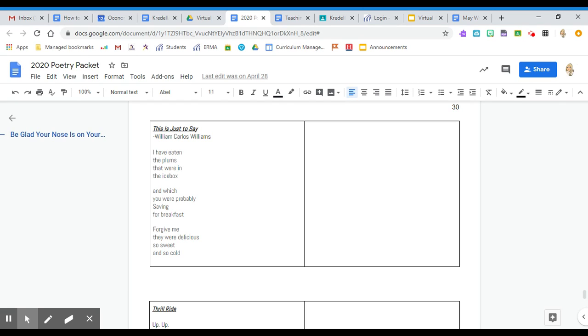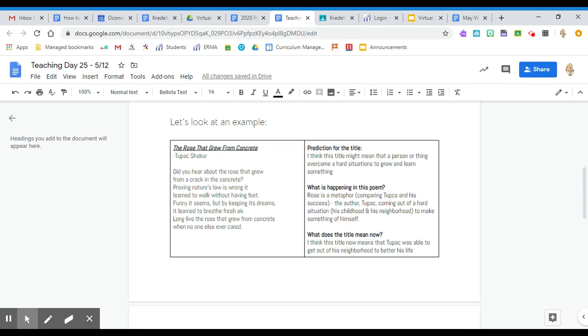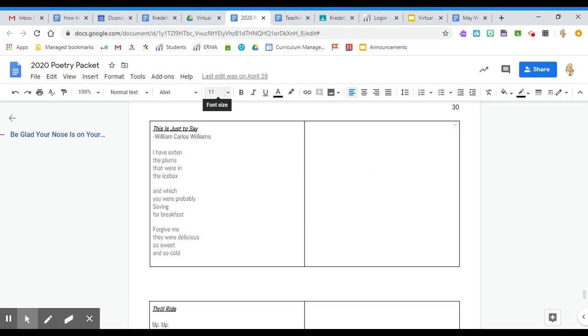Another just quick note that I wanted to point out: if you're doing a poem that has stanzas, like this is "Just to Say" by William Carlos Williams, sometimes it helps to analyze stanza by stanza, right? What's happening in stanza 1, what's happening in stanza 2, and what's happening in stanza 3. And at the end, answering this question of what is happening in this poem. Sometimes it helps to break it up when you're doing multiple stanzas.